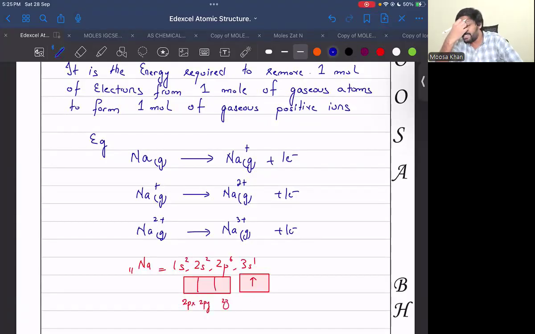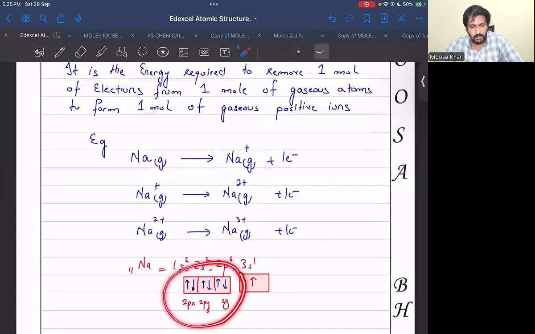When you filled the 2p subshell of sodium, how did you fill it? You put one electron in 2px, then in 2py, and then in 2pz. Once you were done filling all the orbitals of this p subshell, then you restarted filling from left to right. 1, 2, 3. So that's how you filled a total of 6 electrons in 2p of sodium.